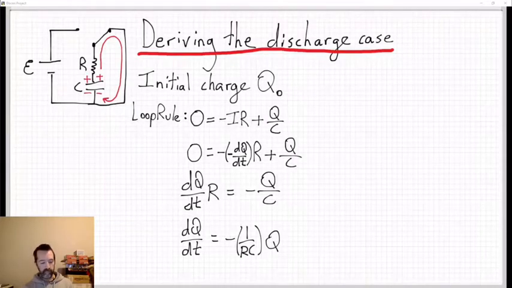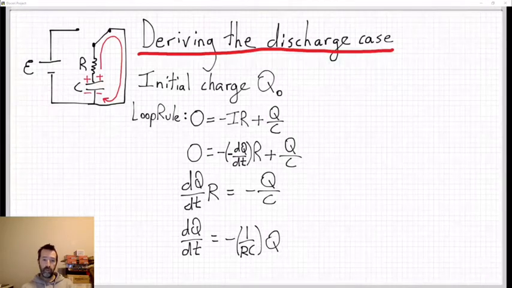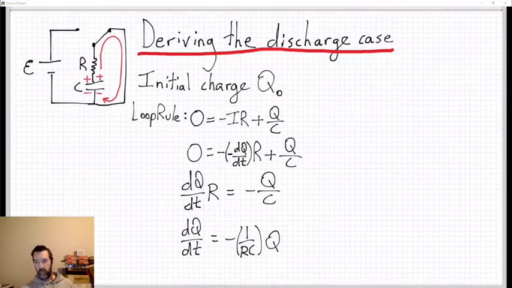So this is a differential equation. Q is a function of time. This equation is relating that function q to its own derivative dq dt. This is not an equation that you can solve through separation of variables. You just have to know the solution.